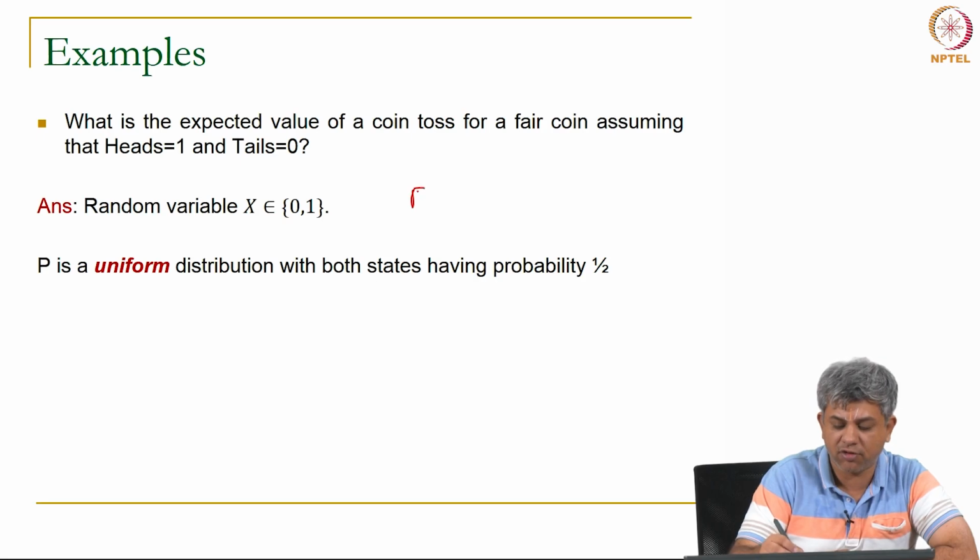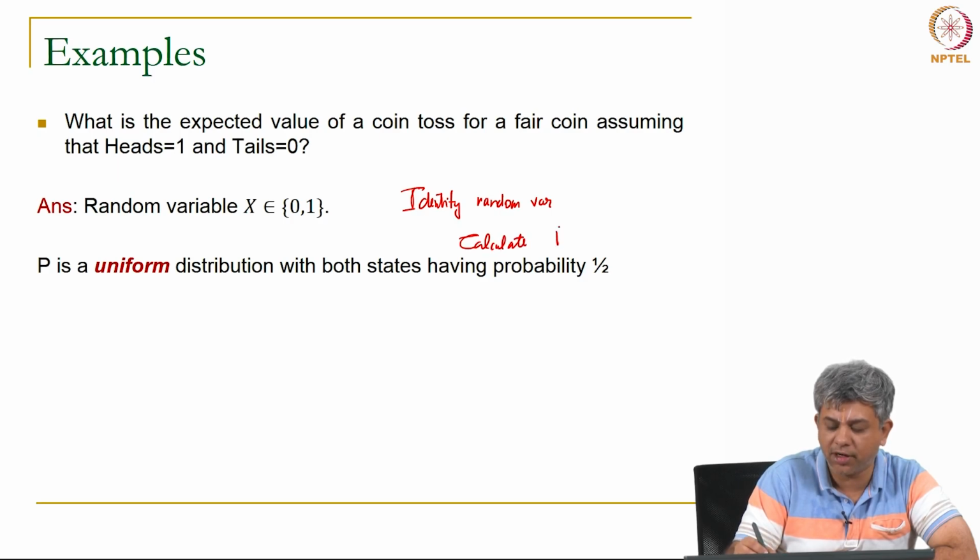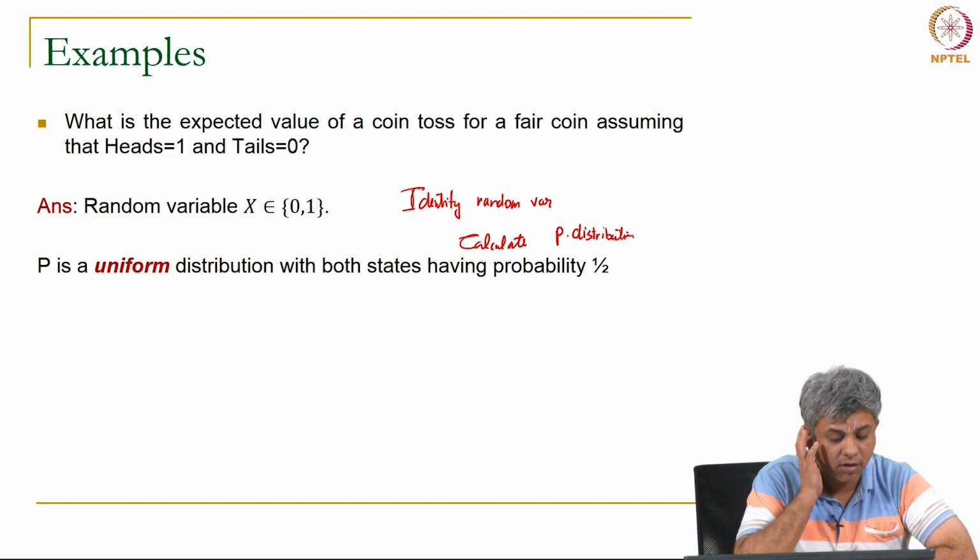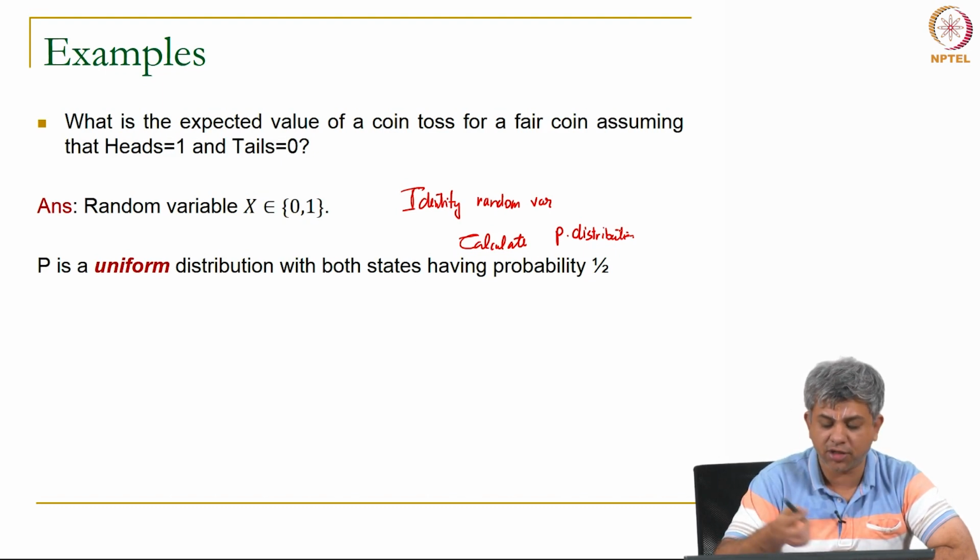So, first identify a random variable, next calculate the probability distribution. In this case it is a mass distribution because it is a discrete random variable. Now, the probability distribution is very simple.